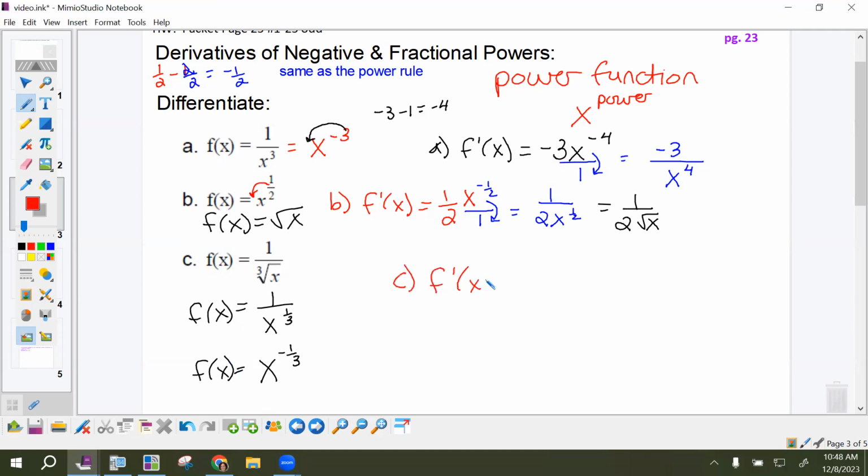So now for the derivative, the negative 1/3 becomes the coefficient. I have to subtract 1. That's 3 over 3. That's negative 4/3. The negative power moves to the denominator.